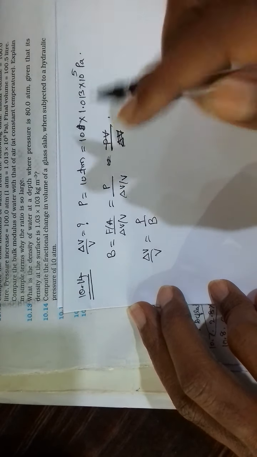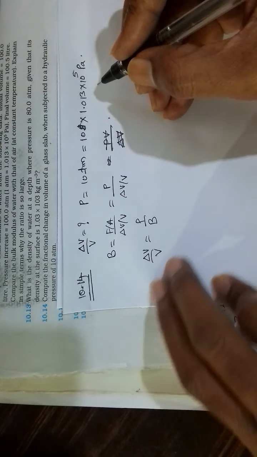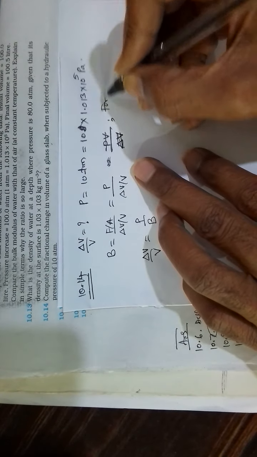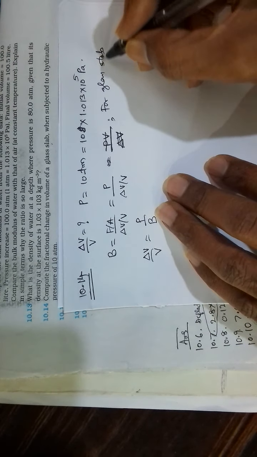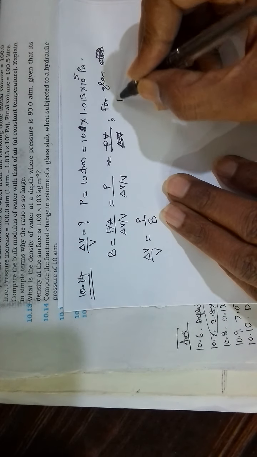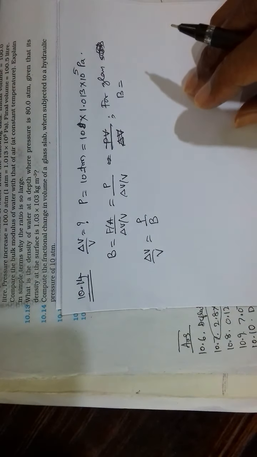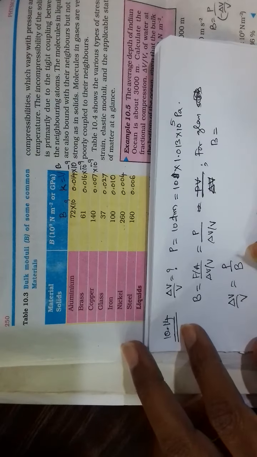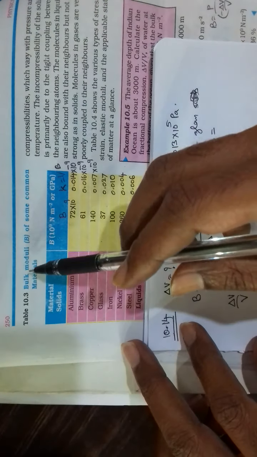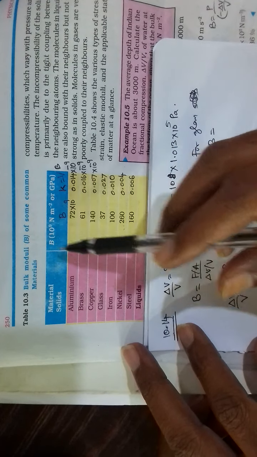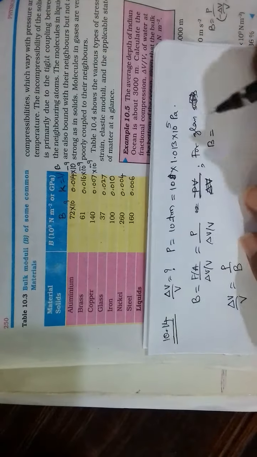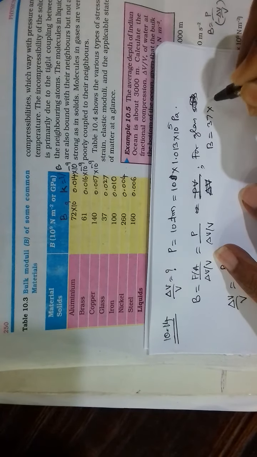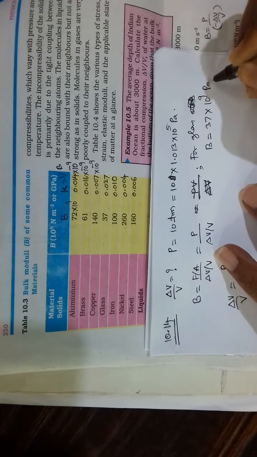So B value is required, but here B value is not given, so we should look in the table. The material is glass slab. For glass, whether it is slab or any other form, the bulk modulus, looking in the table, bulk moduli B value, glass is 37 into 10 power 9 pascals.